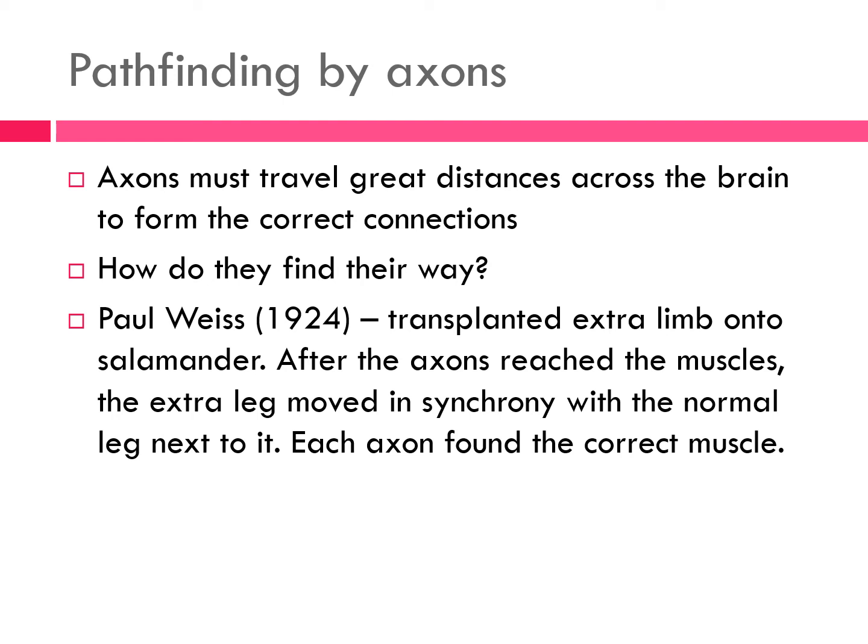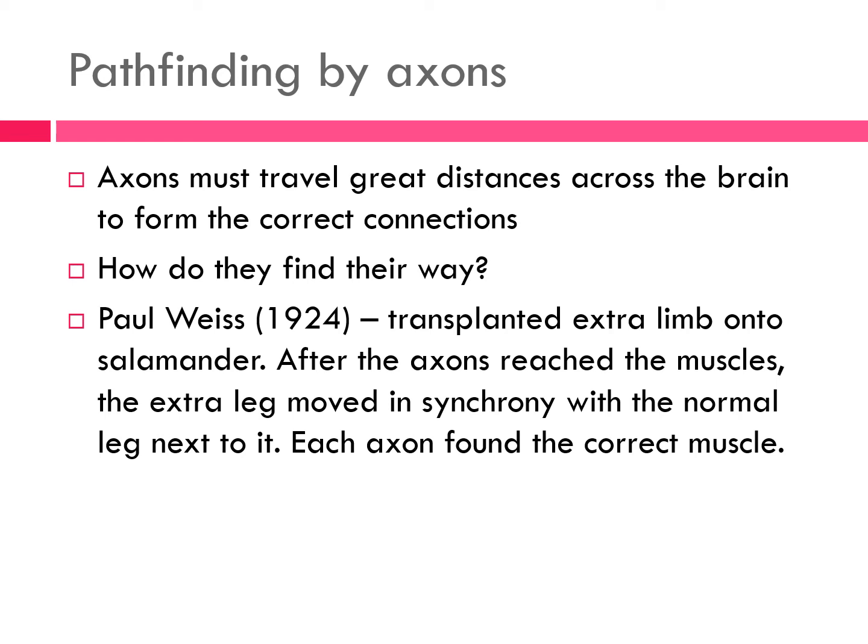So salamanders and other amphibians, unlike mammals, can take a new limb and it will start to move in synchrony with the limb that's next to it. And how Weiss interpreted this, if I'm remembering this correctly, was that many neurons were sending signals, and that those muscles were recognizing the appropriate neurons.